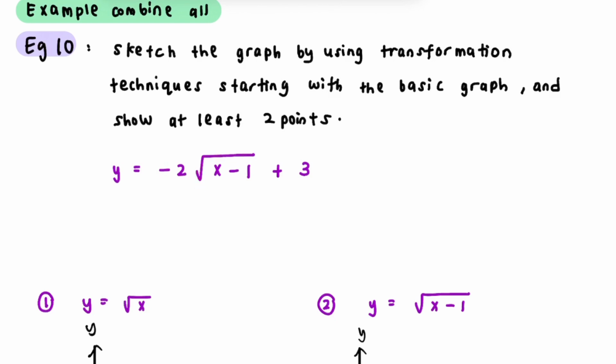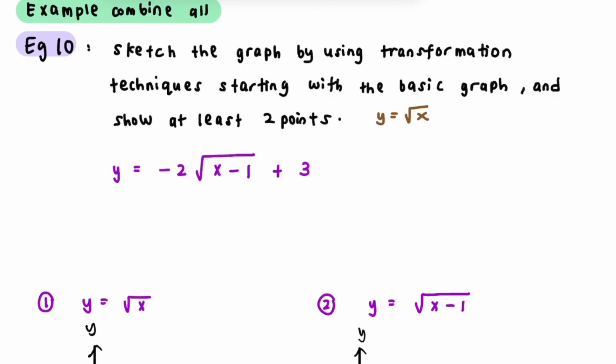First thing first, you have to recognize the basic graph. What is your basic graph here? y equal to square root of x. So anything that is added on to this function is considered your transformation techniques. So you have a negative outside. You also have constant 2 outside the root. You have negative 1 inside the root. And then plus 3 also outside the root.